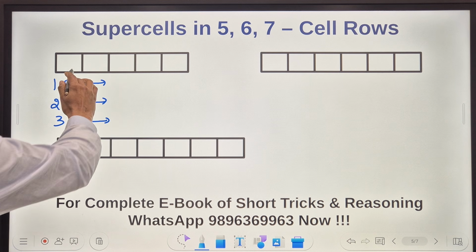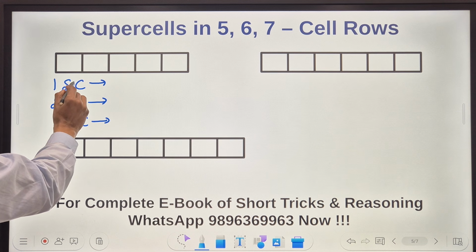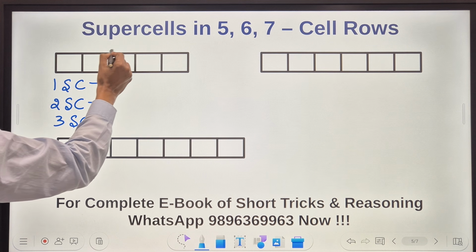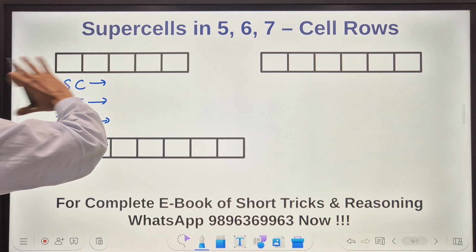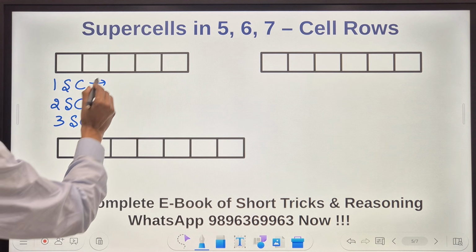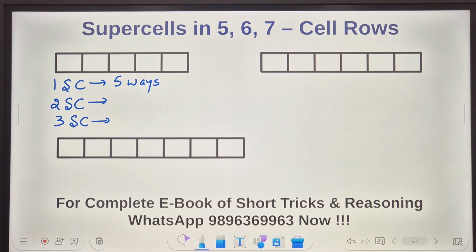When we talk about a 5 by 1 grid, 1 supercell means it can be any one of these 5. I can put the greatest one anywhere and then the rest will all be smaller. So 5 ways in which I can get a single supercell among these 5 cells.